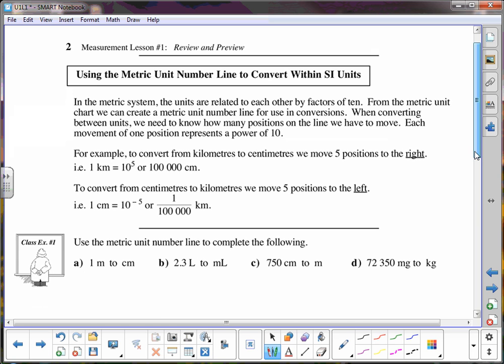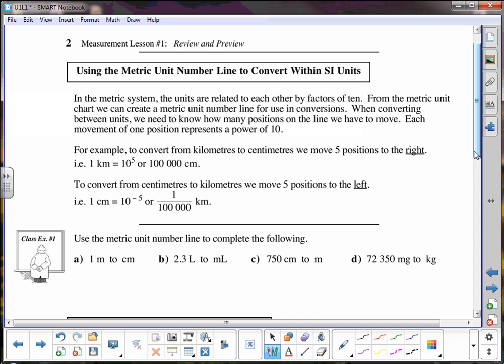Okay, so here it says, for example, to convert kilometers to centimeters, we move 5 positions to the right. It helps to have that number line available, and I usually will draw it on the board. Since I'm not going to do that, I'll just draw it here, just below. We have our meters in the middle, that's our base unit. Usually I start with King, kilometers.